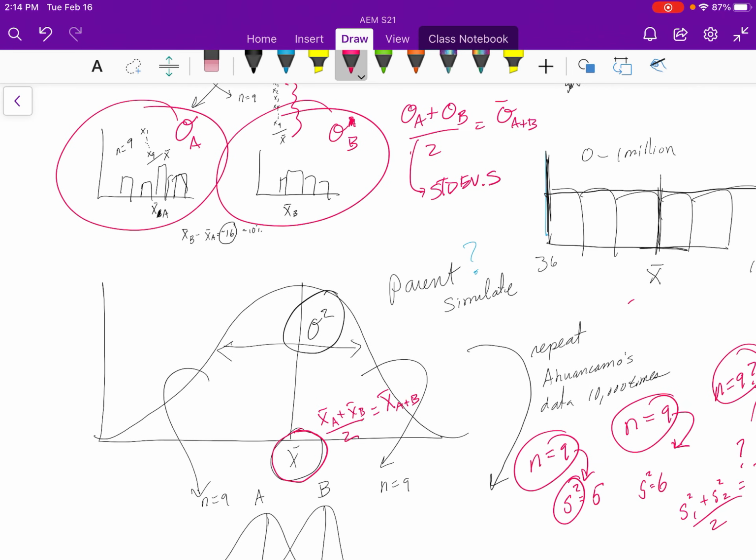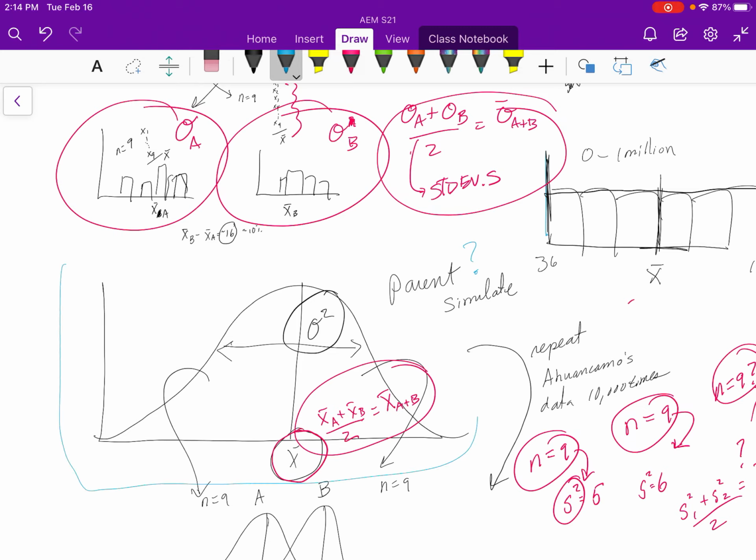So now we have these 2 pieces of information, this one here and this one here. So we can create a normal distribution with a standard deviation equal to the average of the 2 sample standard deviations and a mean equal to the average of the 2 sample means. And that is a great place to start for our parent distribution parameters.